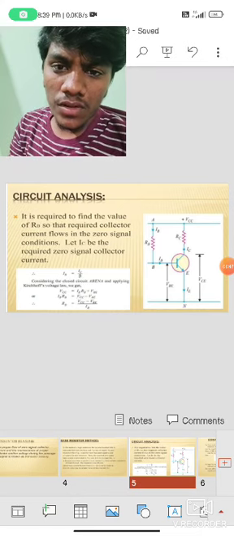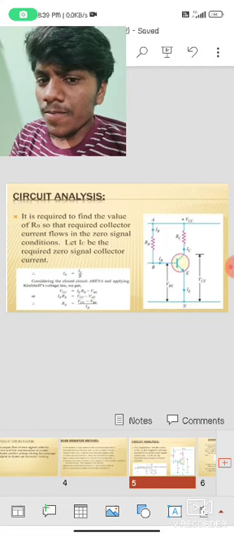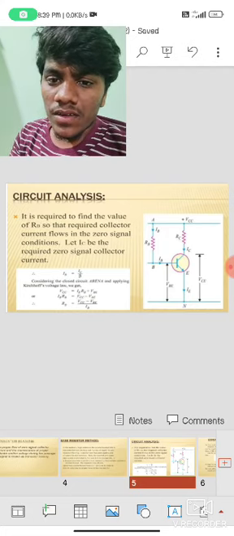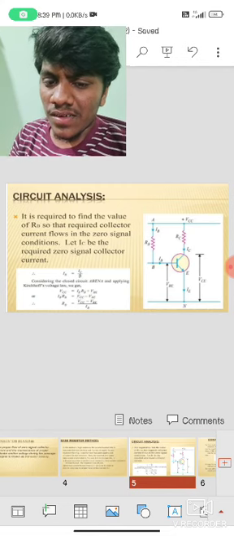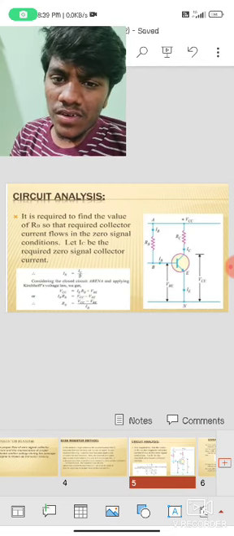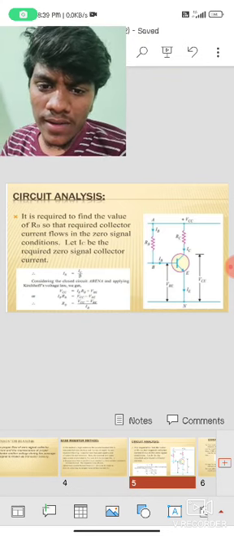Circuit analysis. It is required to find the value of RB so that the correct collector current flows in zero signal conditions.